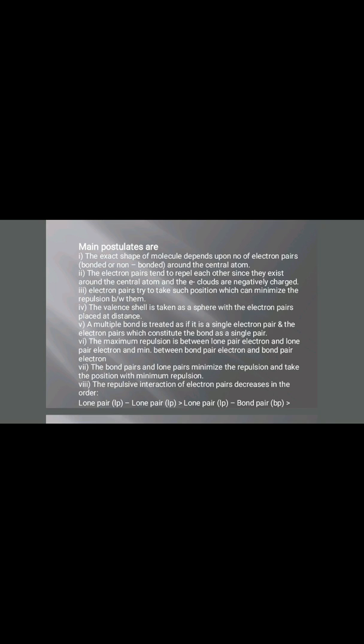So the molecule will have irregular or distorted geometry, and we have to follow the order: lone pair-lone pair repulsion is greater than lone pair-bond pair repulsion is greater than bond pair-bond pair repulsion. And next point, the exact shape of the molecule depends upon the total number of electron pairs present around the central atom.